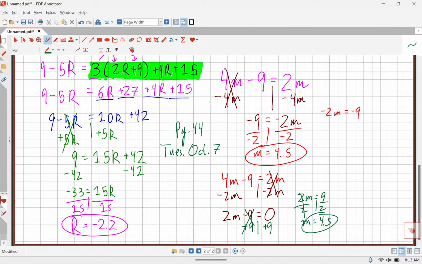Our self-assessment today is 5.1, double-sided equation practice. All you've got to do is simplify it as much as you can, both sides, until it looks like a two-step equals a two-step. Shove your variables over to the other side, and you'll be in fantastic shape, okay?